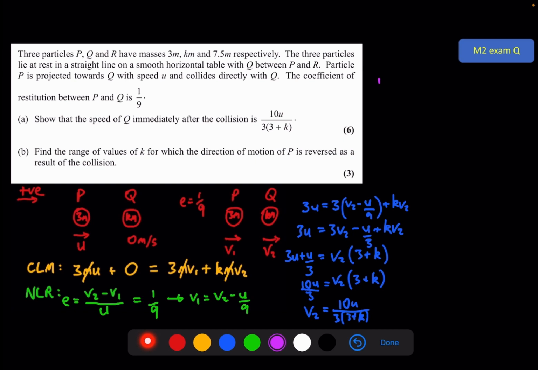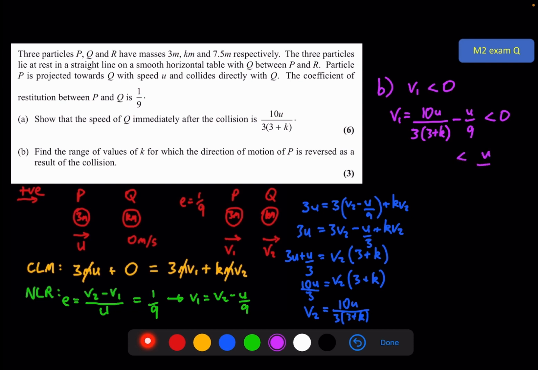So putting those two together, part B, we know that v1 from the question must be less than 0 for the motion to be reversed, and v1 is also equal to v2, which we know is 10u/(3(3 plus k)), minus u/9. So all of this expression must be less than 0. Now it's just a case of rearranging and solving for k.